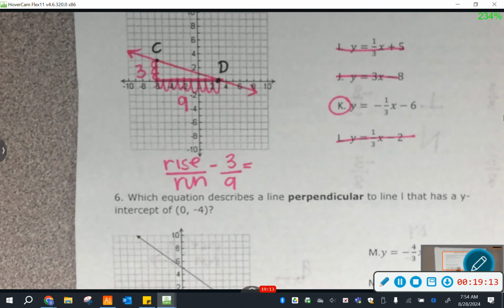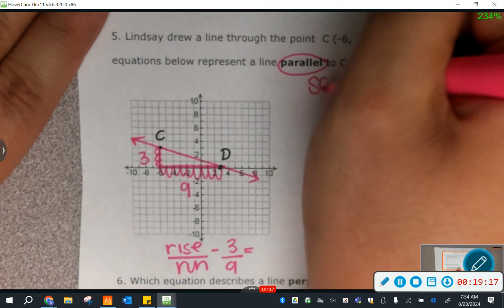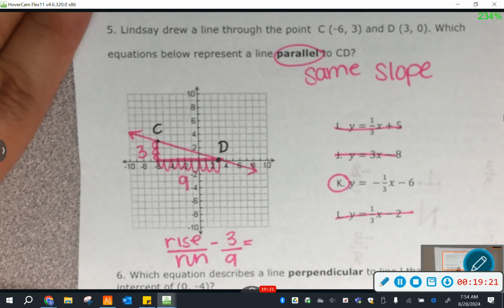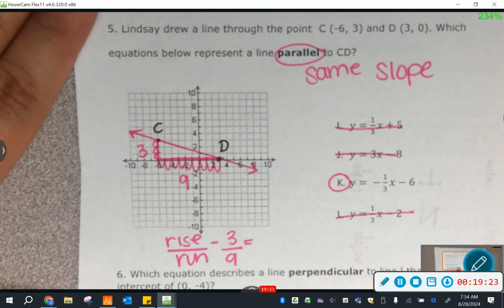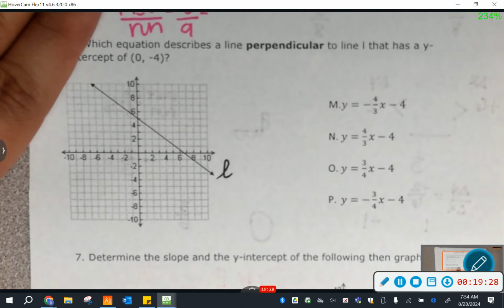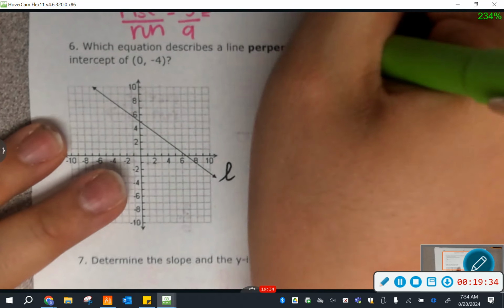Why did we choose the exact same one? I forgot to mention that. Because it said parallel, so we're looking for the same slope. What if it says perpendicular? What do we need to do to our slopes?